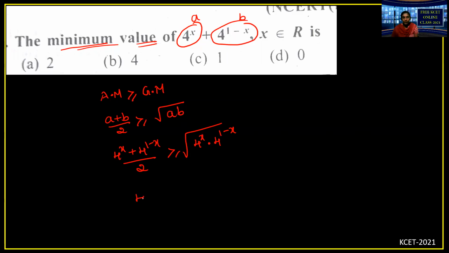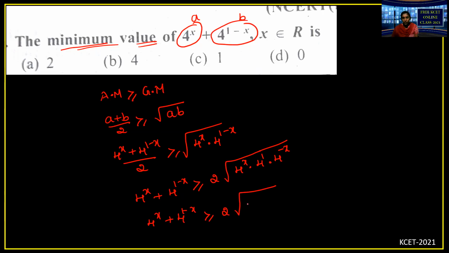Now I want to calculate the minimum value. 4 power x plus 4 power 1 minus x is greater than or equal to twice the square root of 4 power x into 4 power 1 into 4 power minus x. So this can be written as 4 power x plus 4 power 1 minus x is greater than or equal to twice the square root of 4 power x into 4, and 4 power minus x can be written as 1 by 4 power x. 4 power x cancels.